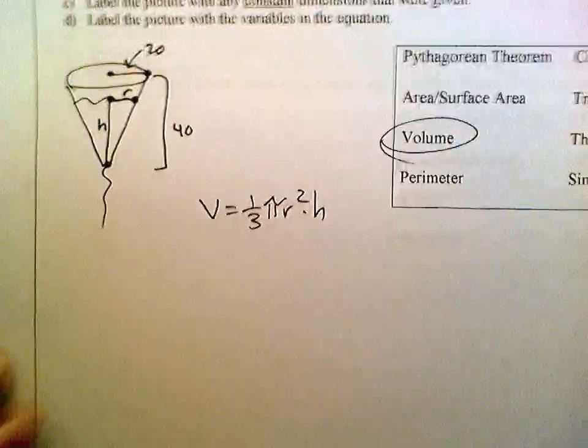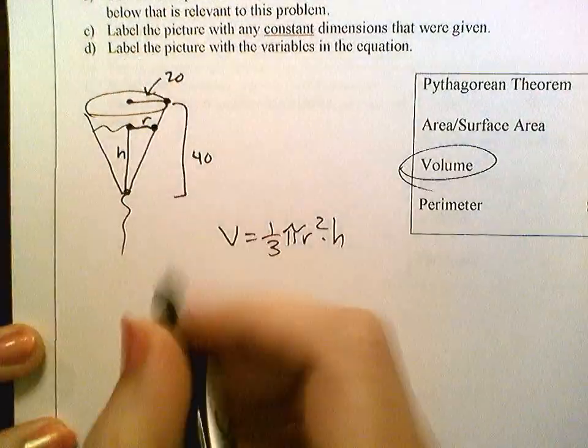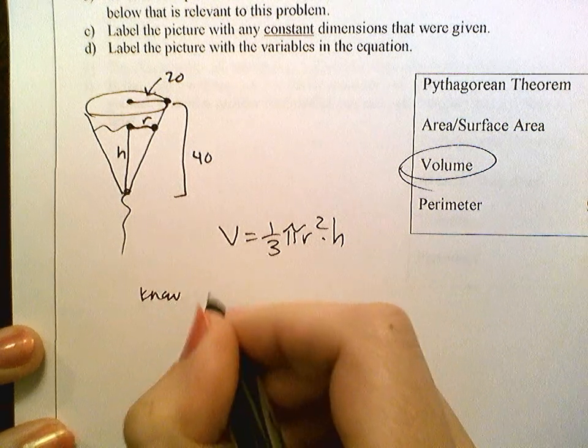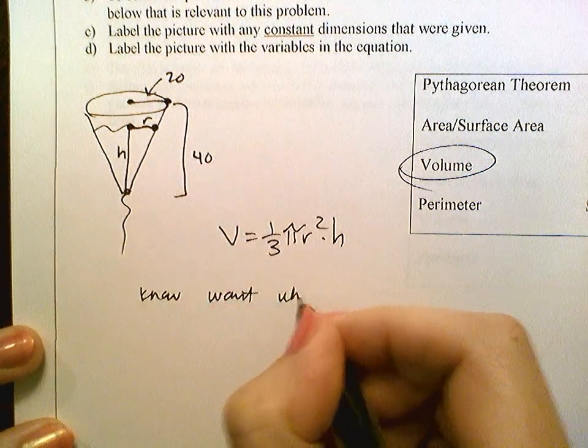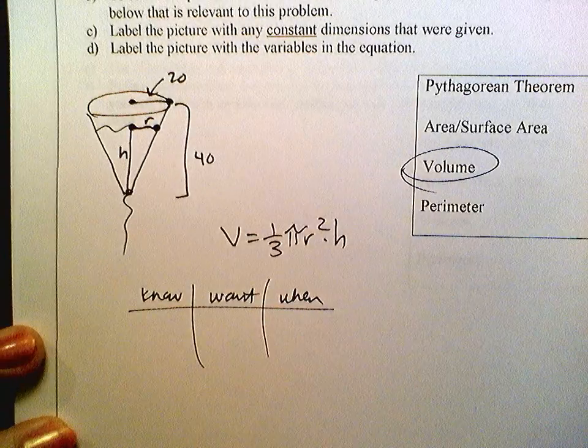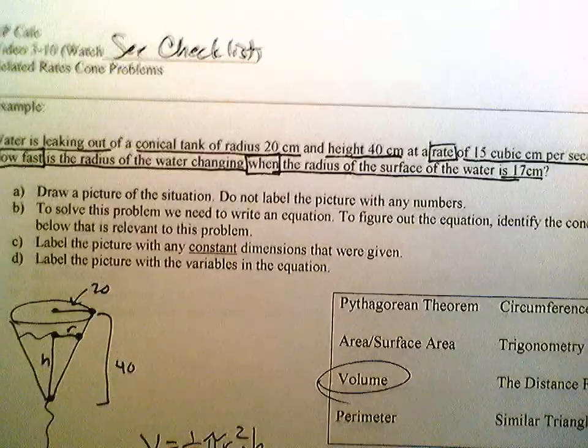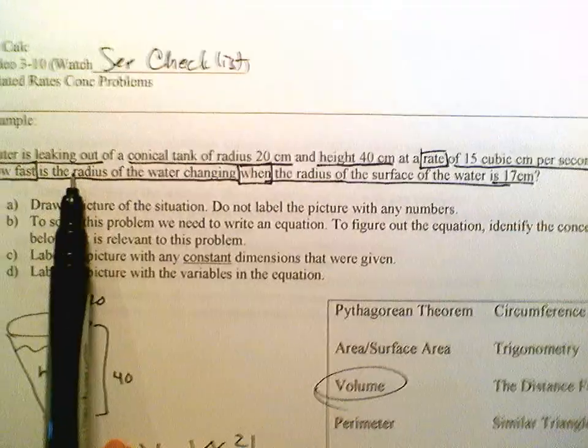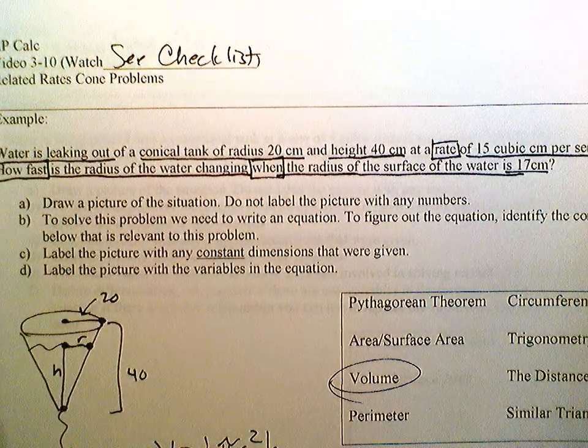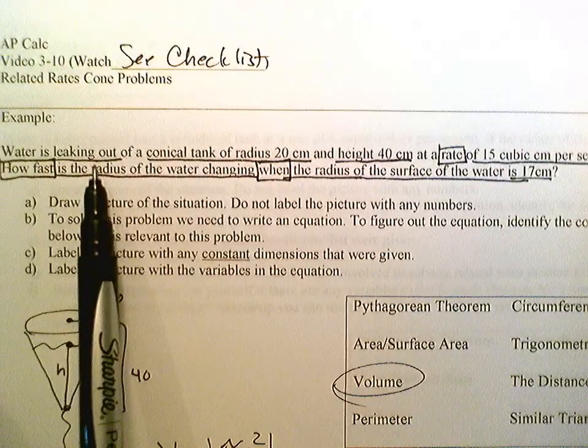Okay, and then know what and when. So you ask yourself, what do I know, what do I want, and when. We know water is leaking out, so we have something that's decreasing, so it'll be a negative rate of change.